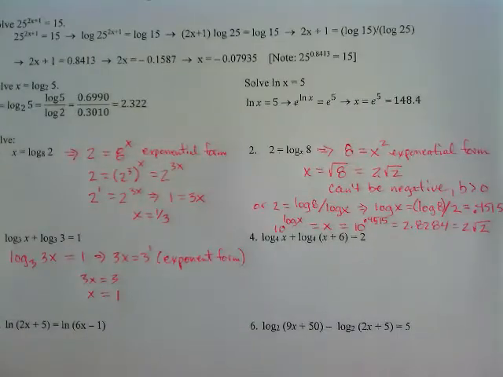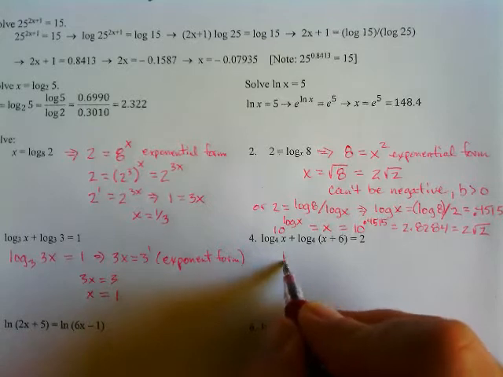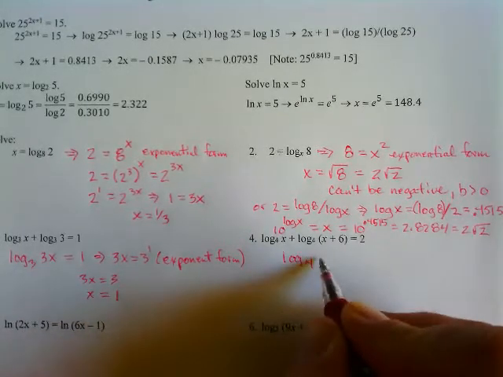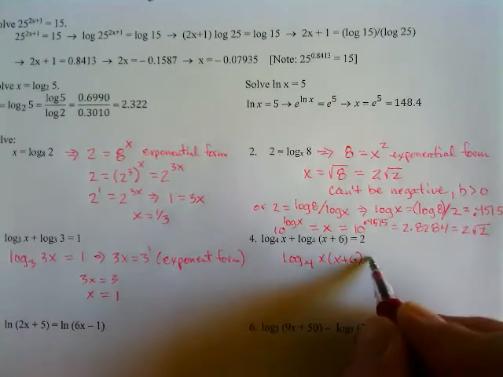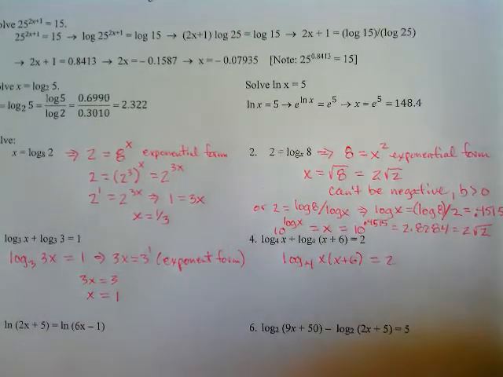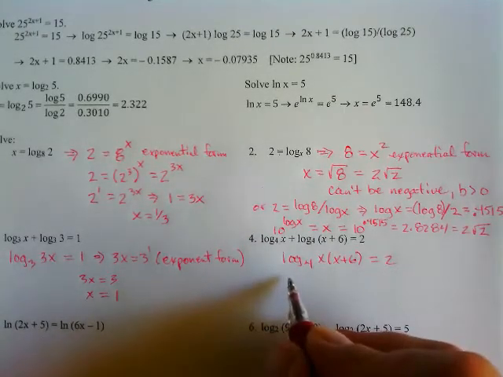Problem 4 is a similar problem. We have plus, and so we can use the product rule. So here I'll have log base 4 of x times x plus 6 equals 2. Now let's go to our exponent form.